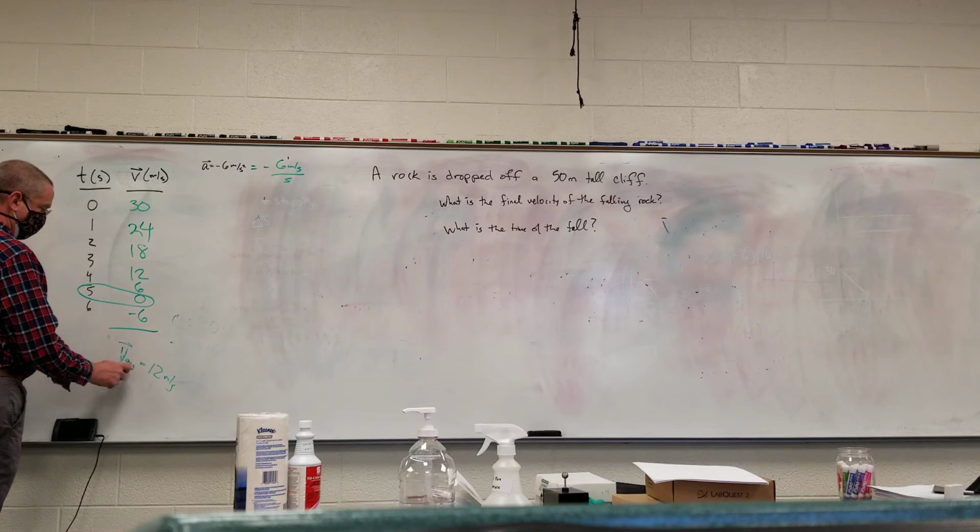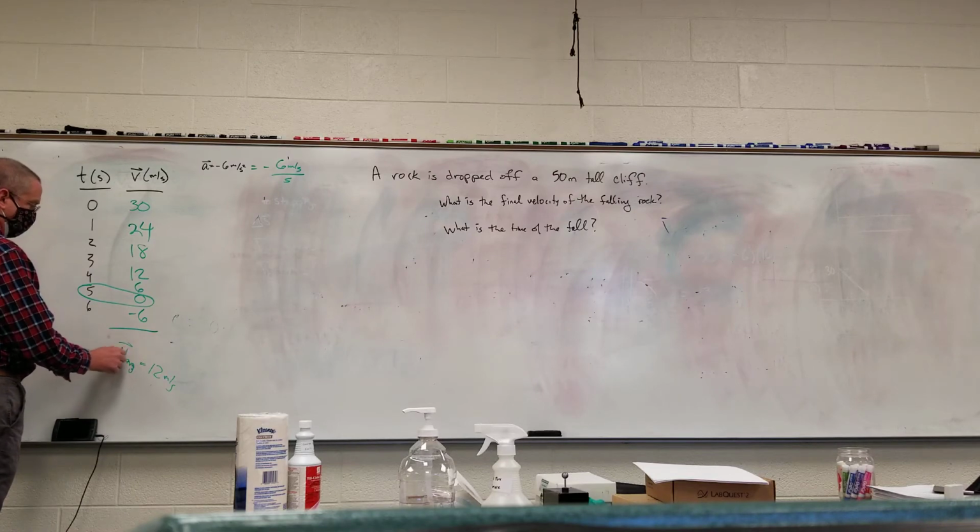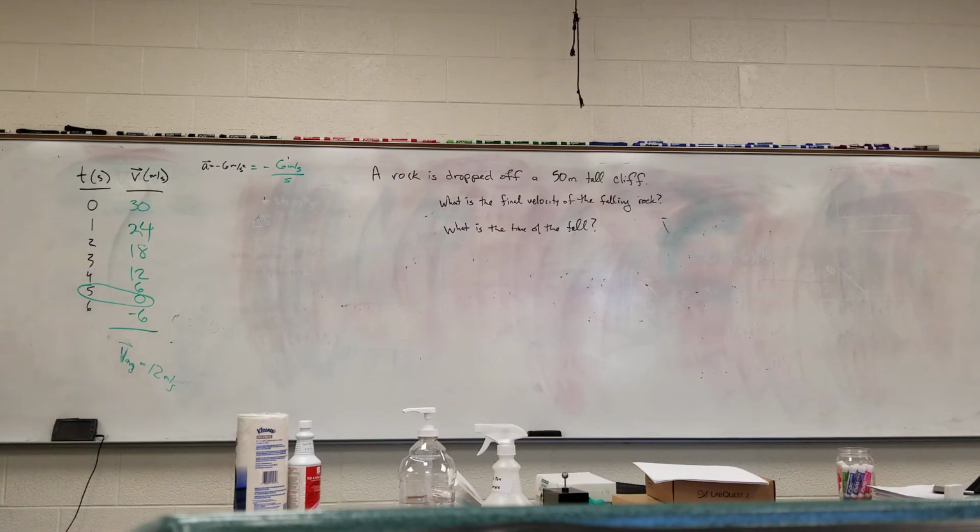So your average velocity is 12 meters per second. That is not your average speed, by the way. Why did you add up all 7 numbers? You suggested we add up all 7. Why?